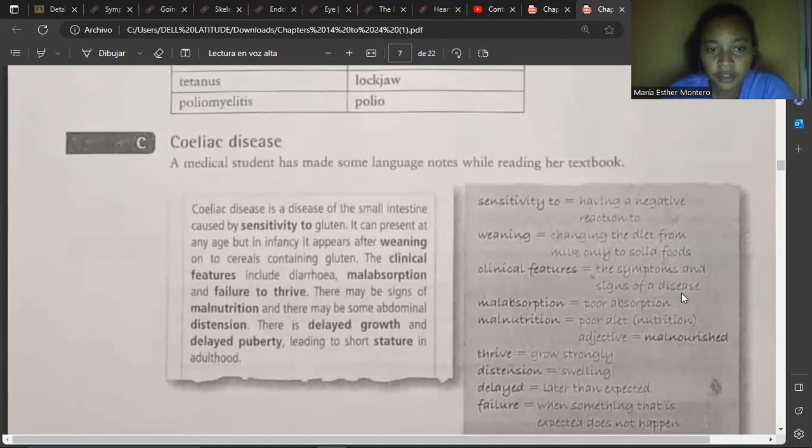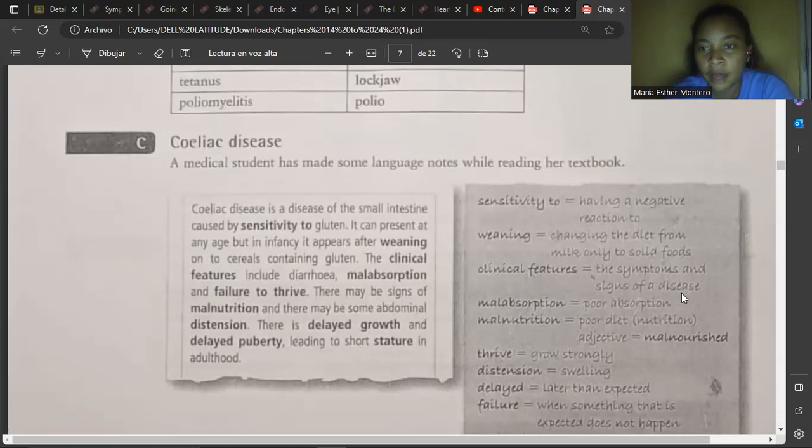The clinical features include diarrhea, malabsorption, and failure to thrive. There may be signs of malnutrition, and there may be some abdominal distension. There is delayed growth and delayed puberty, leading to short stature in adulthood.